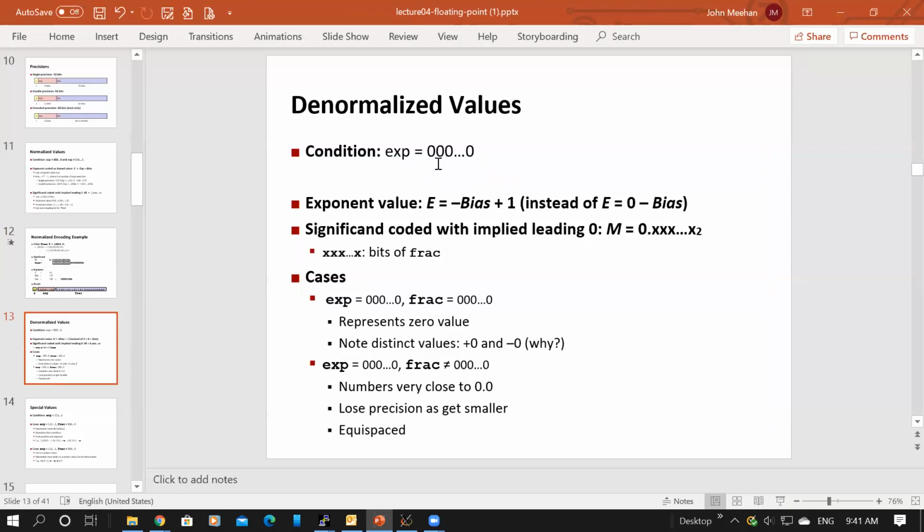So if the EXP field is all zero, the actual E value that we're representing is minus the bias plus one. In the case of the 32-bit representation, that's minus 127 plus one, which is minus 126.